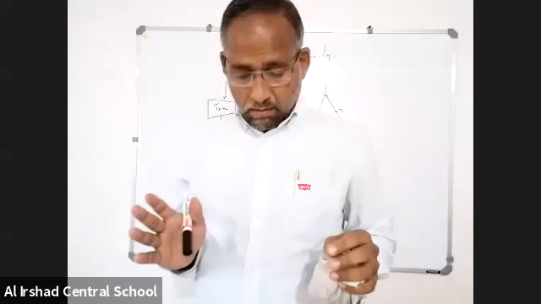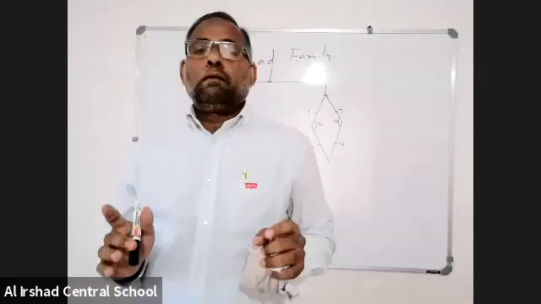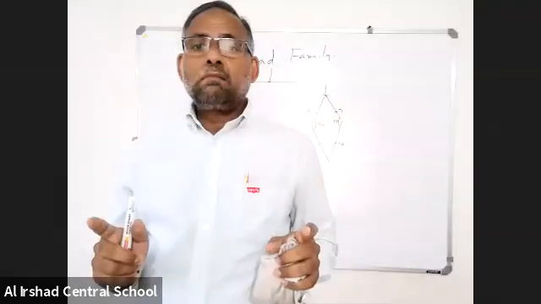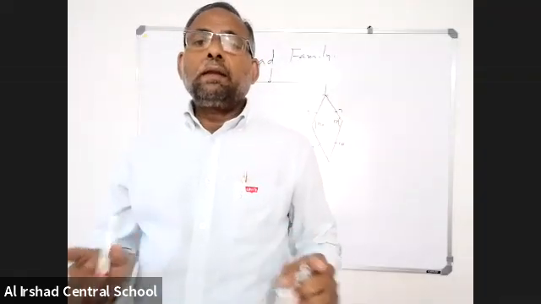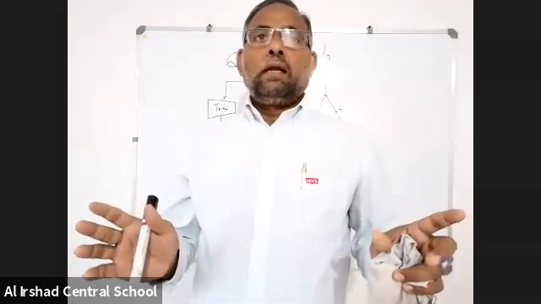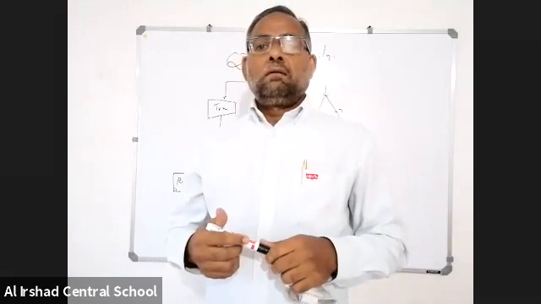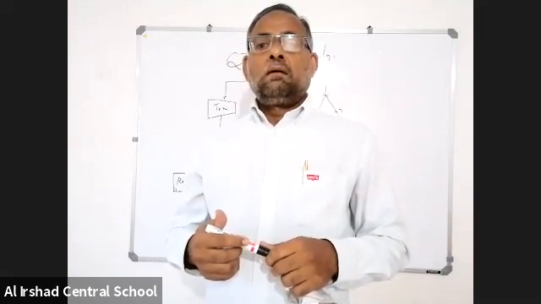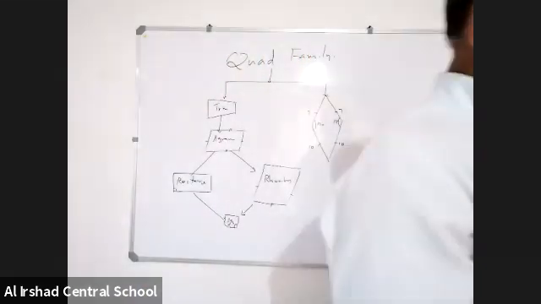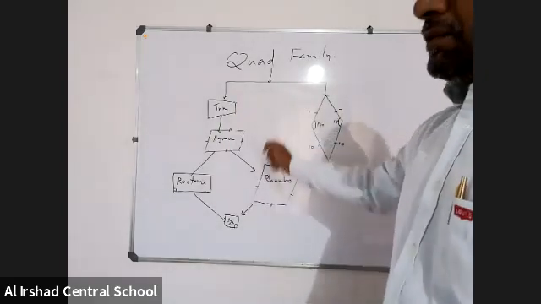So the diagonals are perpendicular bisectors. I told you what is bisector, what is perpendicular. Diagonals of a rhombus are also perpendicular bisectors. Remember the properties. Anyway, you have to study all these properties. Any confusion over there?